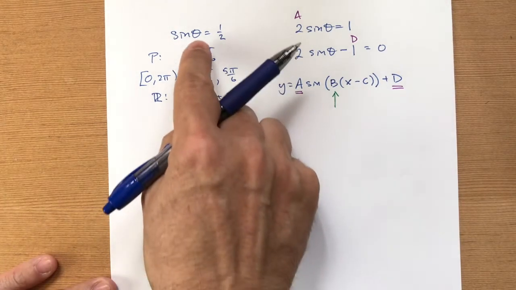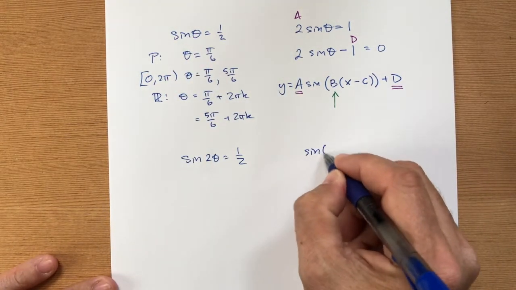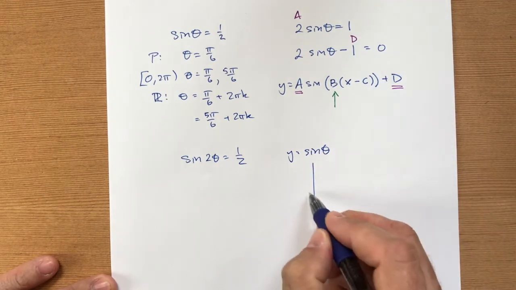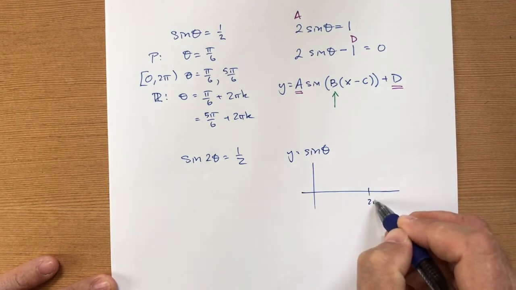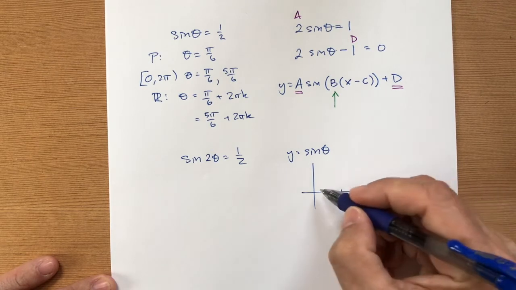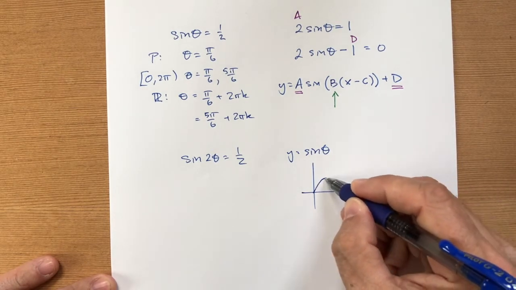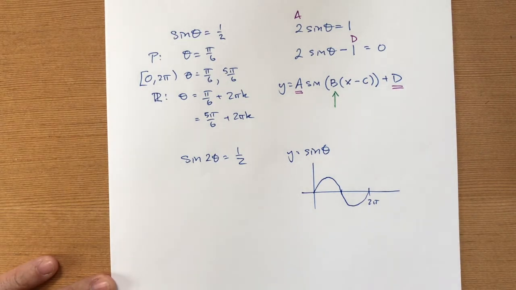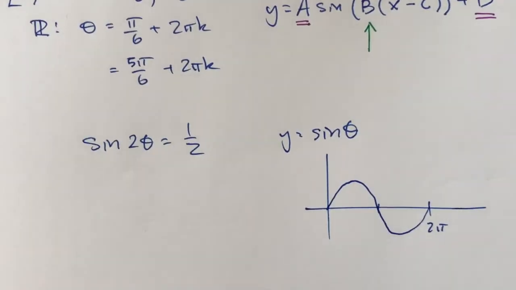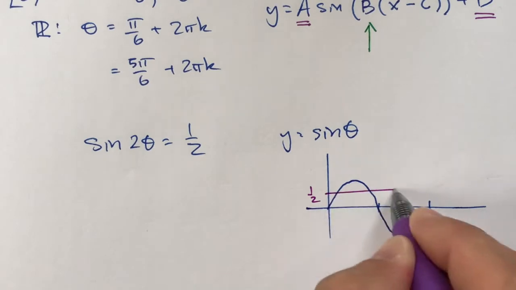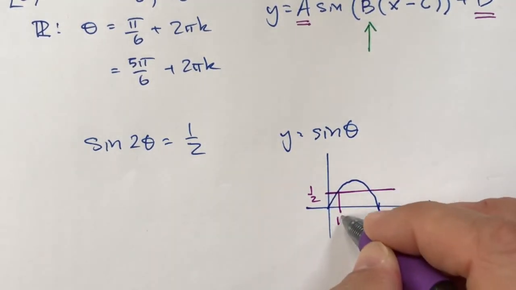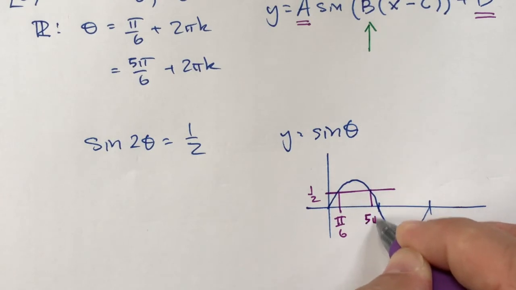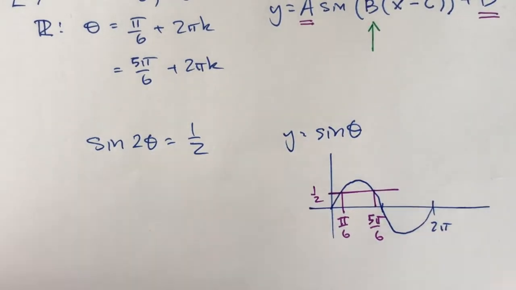The sine of theta, if I were to graph that, would look something like this. It would be out here at 2 pi, a full cycle, and we would go up, and we'd go down, and we come back through. And I want to know, if I zoom in on this, when's it equal to 1/2, okay? And this value right here is pi over 6, and this value right here is 5 pi over 6. And that's how we got those values.